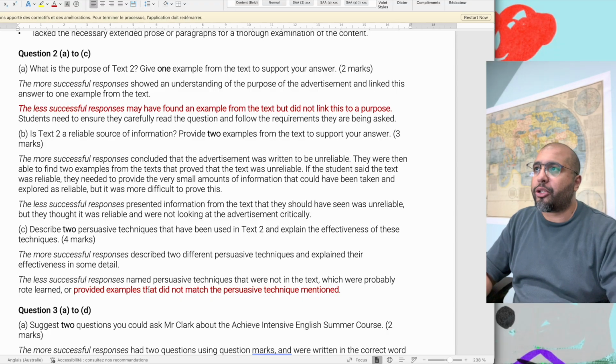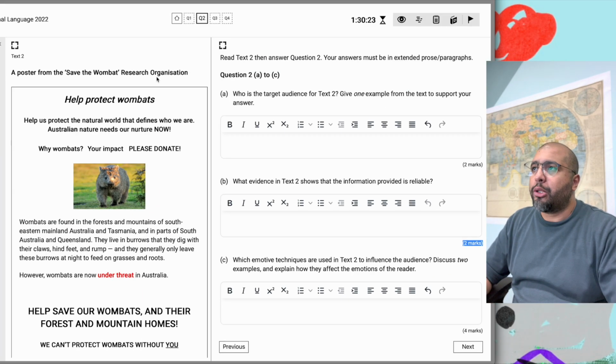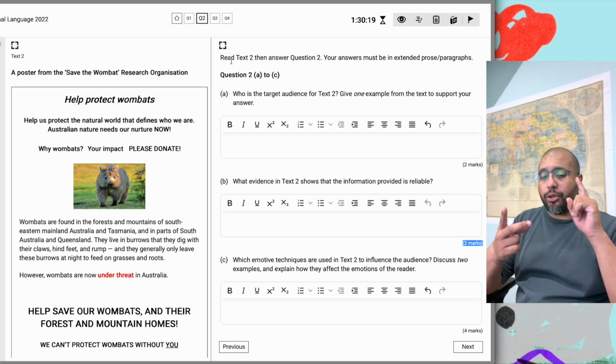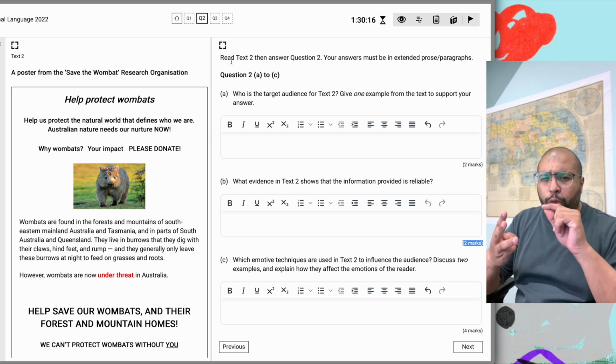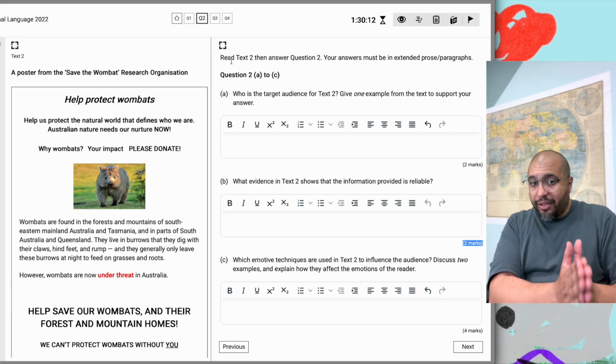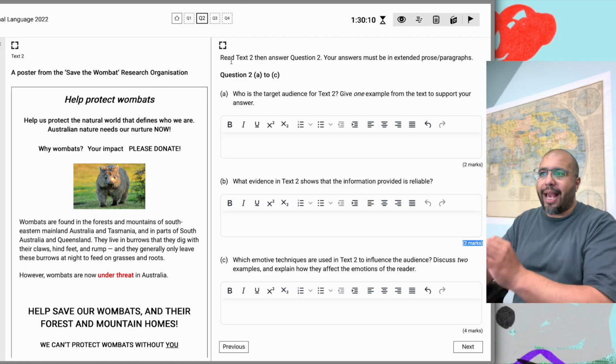So you must make sure in both questions 2 and 3 that you write in paragraphs, you have correct answers, you always have evidence from the text, and your evidence matches the answer.